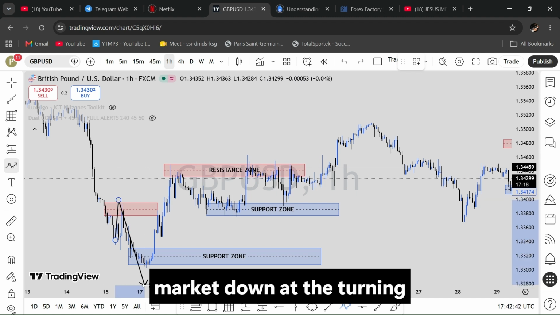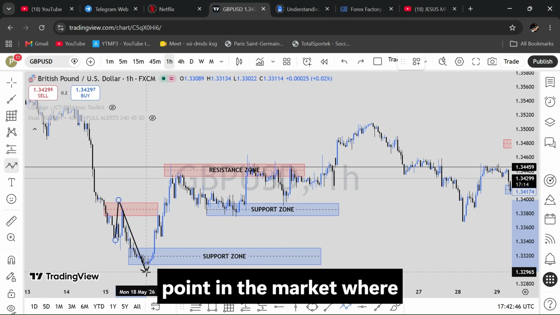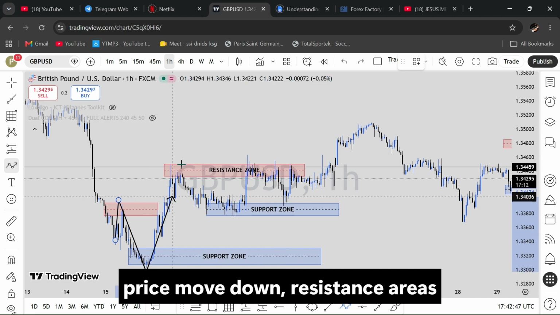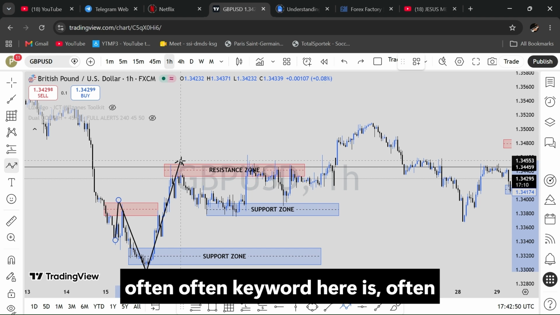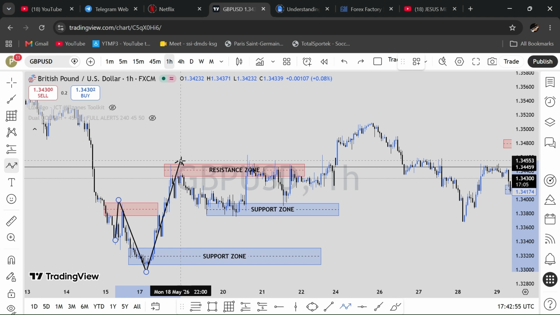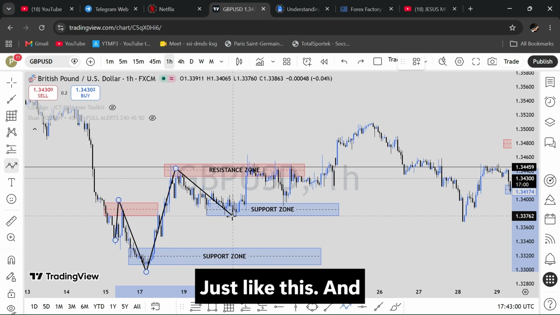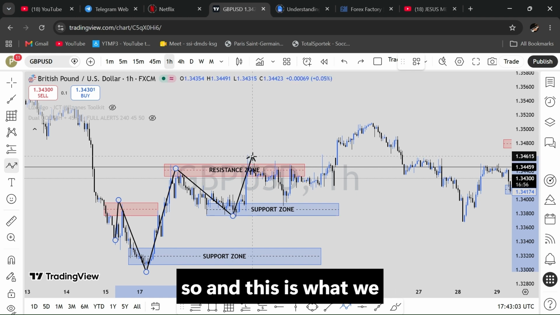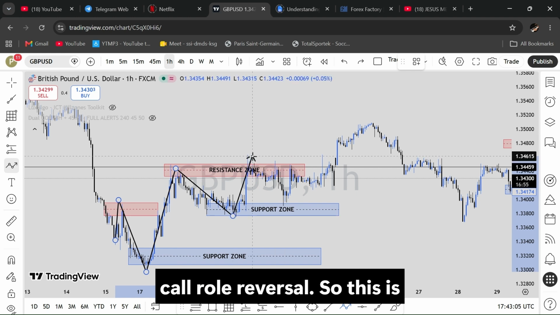It's a turning point in the market where price moves down. Resistance areas often, the keyword here is often, become support zones, just like this. And this is what we call role reversal.